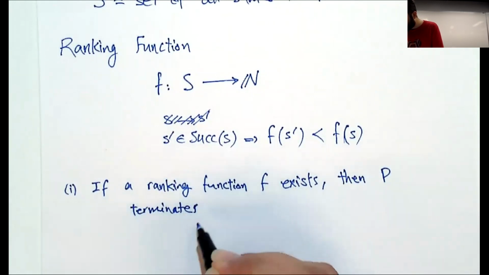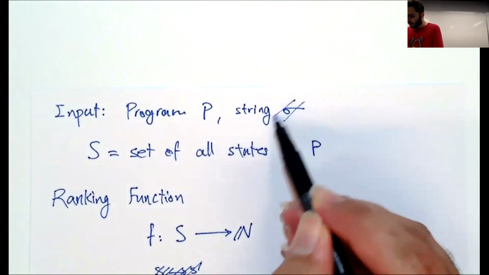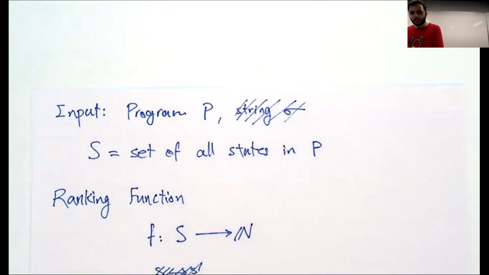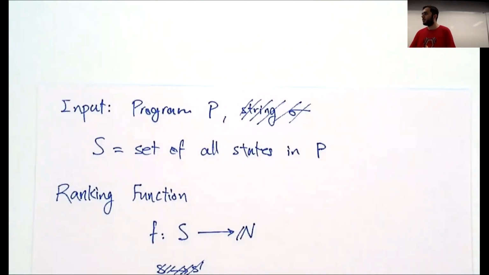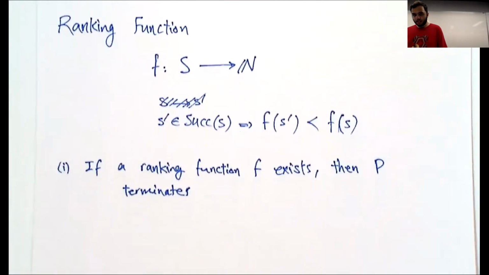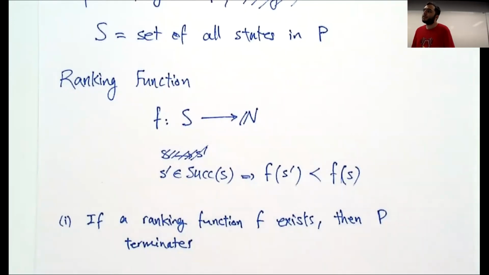And this is basically over every input. So let's get rid of our input string, and let's say that what we are asking for is whether the program terminates over all inputs. We can actually model the input by non-determinism as well, so this is not less general than the normal case.